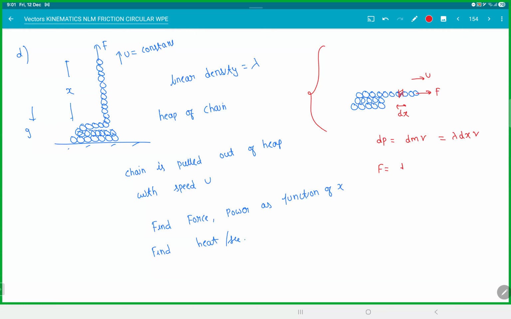Force will be dp by dt, which is lambda dx by dt into v, which is lambda v square. So this is the force required to pull the chain out of the heap. You can't use F is equal to ma here because the mass is changing. If you just want to pull the chain out of the heap, you have to apply this much force.